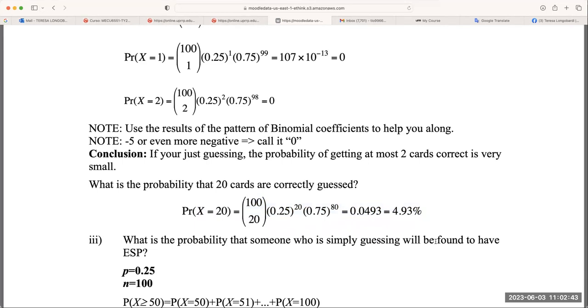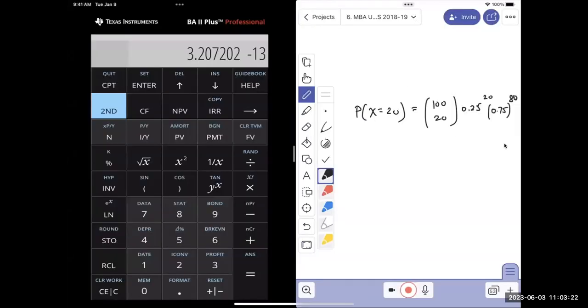So I'm going to put this in my calculator: 100, second function, NCR 20.